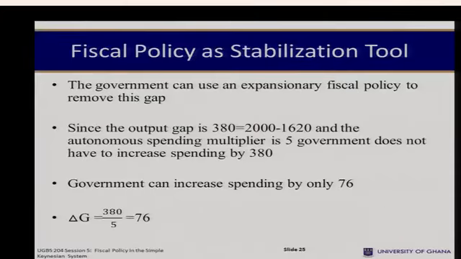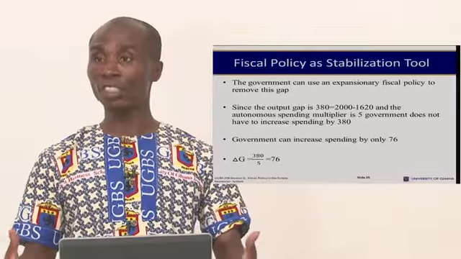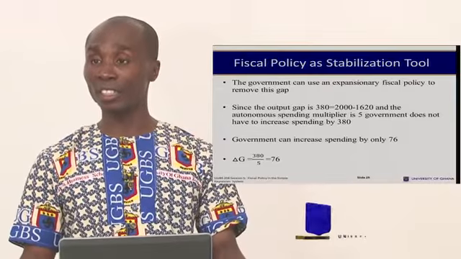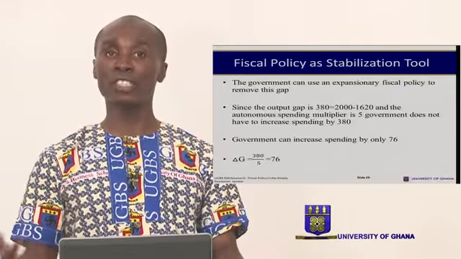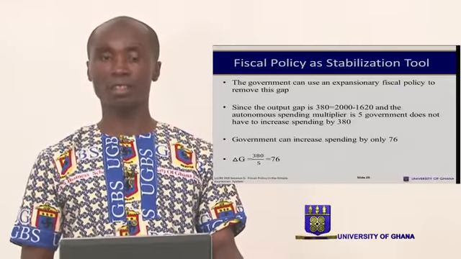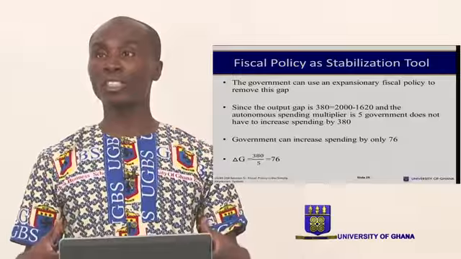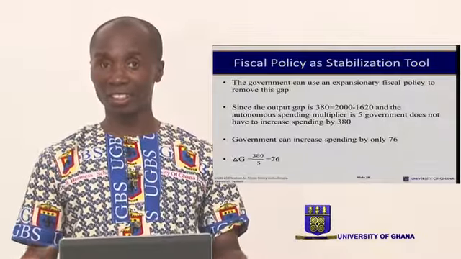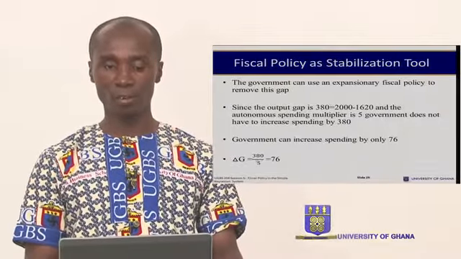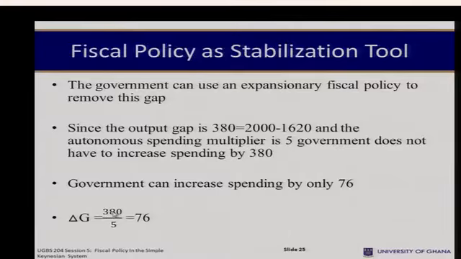Because of the concept of a multiplier, we know that if government wants to increase equilibrium income by 380, it doesn't have to increase its spending by 380. It only has to increase it by a fraction. And that fraction we obtain by simply dividing the 380 by 5, because in this example, the spending multiplier is 5.